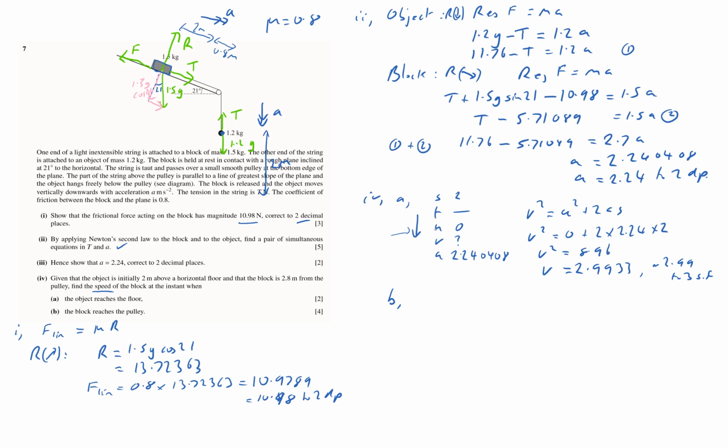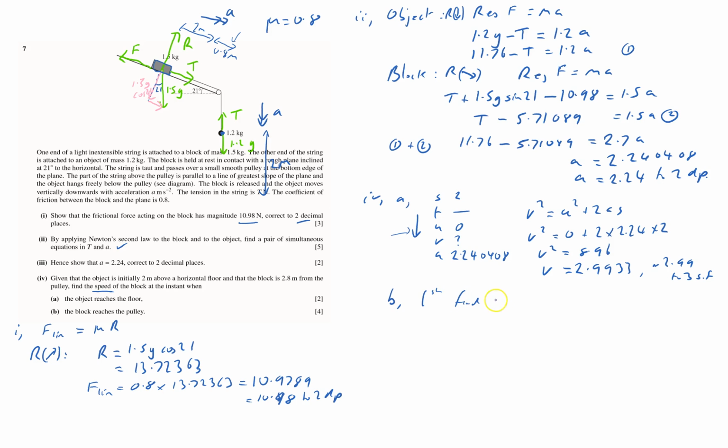I do know now that the block has hit the ground, and so now I'm not going to have the tension. The tension will disappear, so I need to find the acceleration for this last 0.8 meters. So that's what I'm going to do.